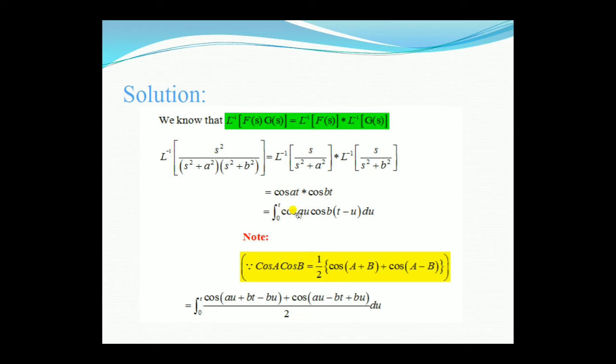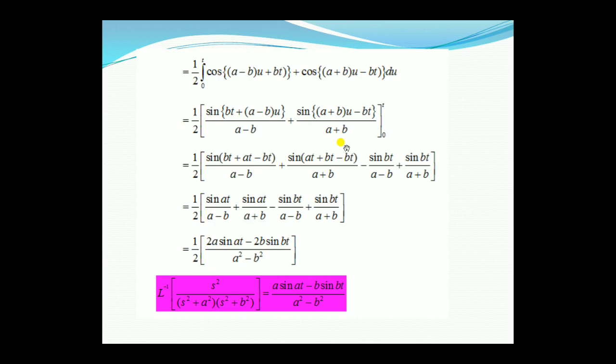Using the trigonometric formula, 1 by 2 of cos a plus b plus cos a minus b equals cos a cos b, here a equals au and b equals b times t minus u. You apply the integral 0 to t, we get into du. After simplification, we convert cos to sine.